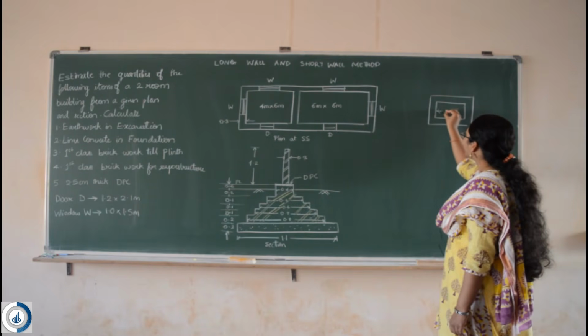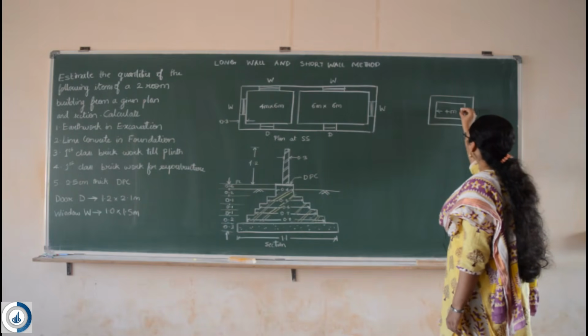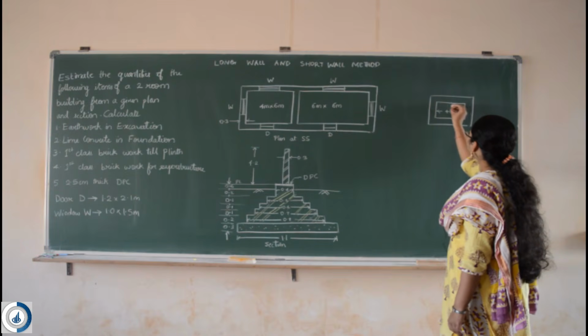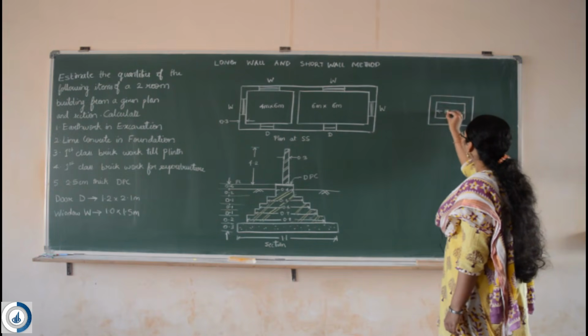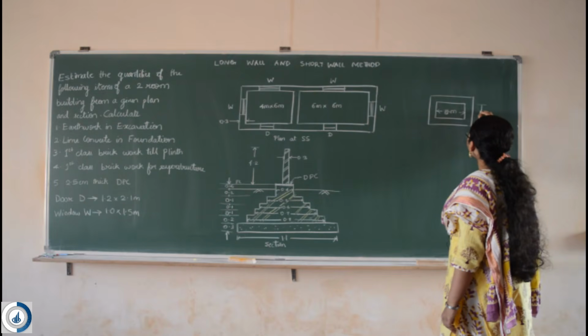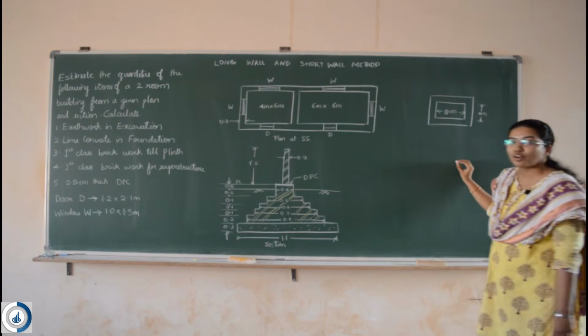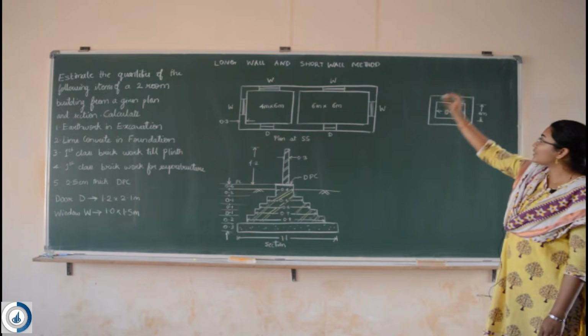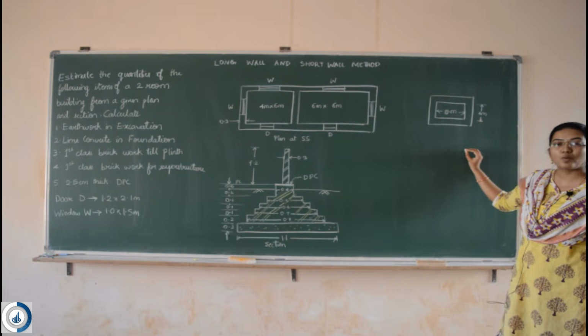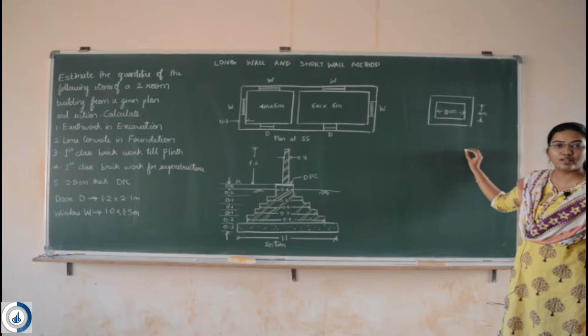If I consider one particular room, it is 4 meter and this is 5 meter, and these are the inside dimensions. So for example, we have this one room and I want to convert it into long wall and short wall.